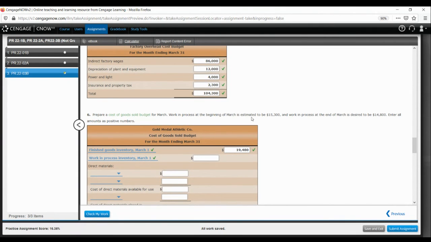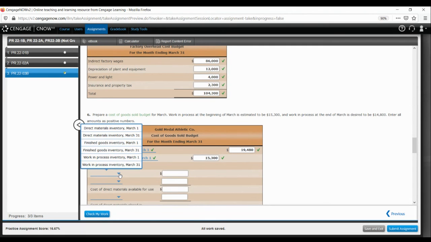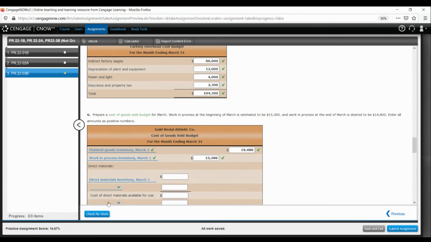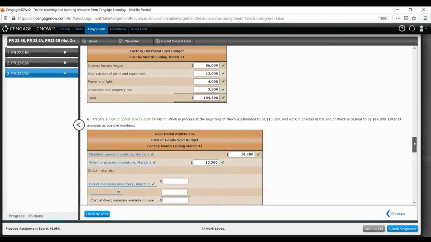The work in process at the beginning of March is estimated at 15,300. Our direct materials, we're going to start with the direct materials beginning inventory. And we need to find the cost of the direct materials beginning inventory.